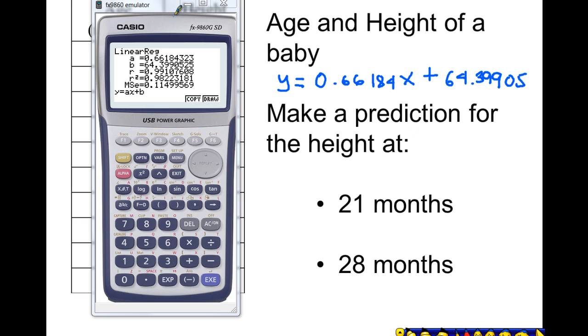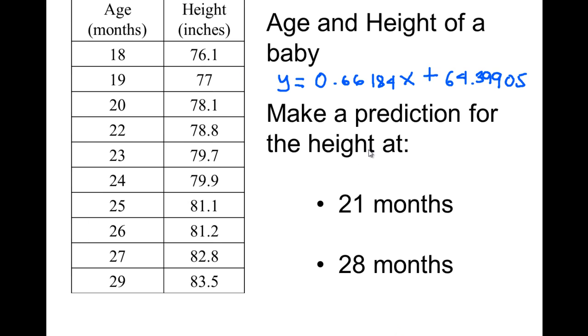Now remember, we are trying to solve for height, which is actually the y value. If your x is equal to 21, and we need to find the height, or the y value, if x is equal to 28. Remember earlier that we said this one is your x and this one is your y.